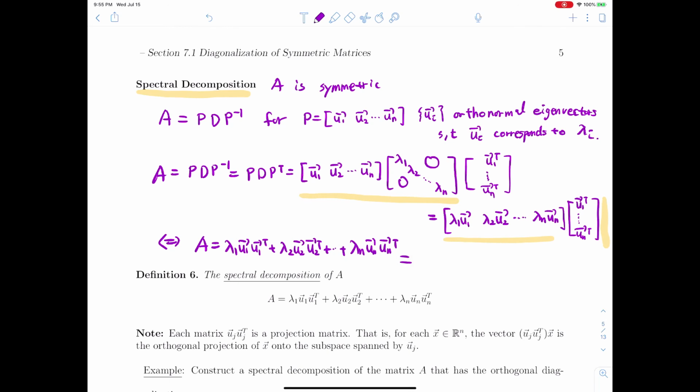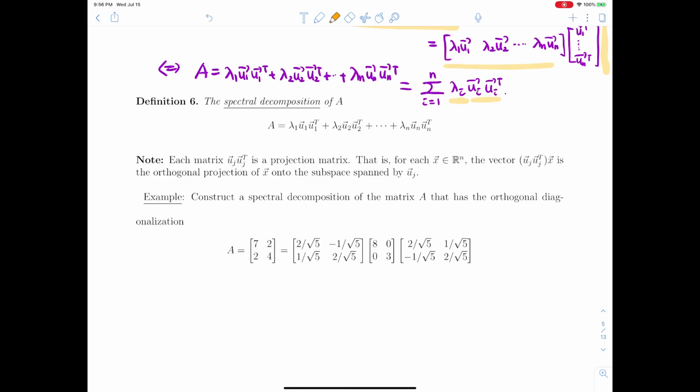Or if you write that in summation notation, then we get the sum from I equals 1 to n of lambda I UI times UI transpose. So we can write A as a linear combination of products of eigenvectors and eigenvalues of the given matrix. So the spectral decomposition of A is a decomposition of A into the linear combination of UI UI transpose.